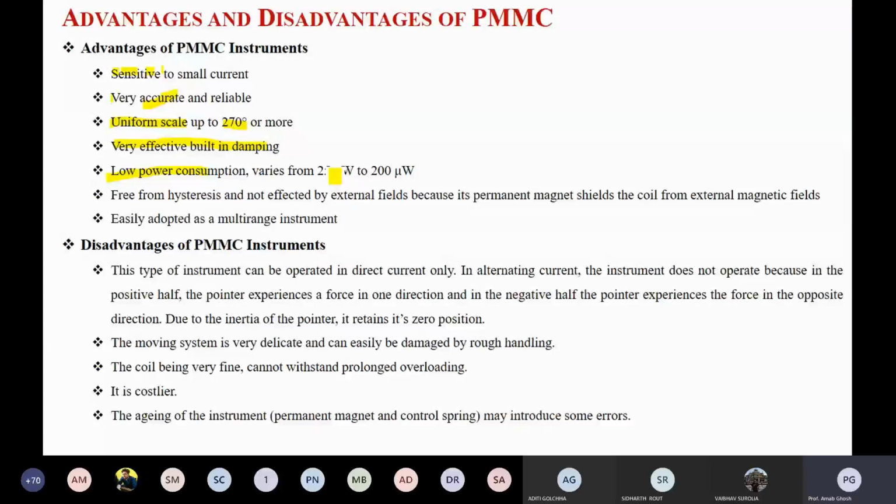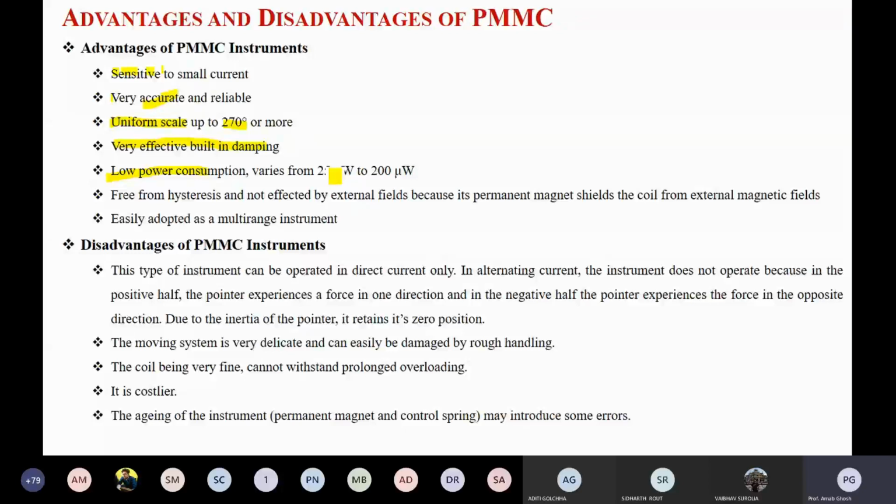It is free from hysteresis and not affected by external fields, because the permanent magnet shields the coil from external magnetic fields. In PMMC there is one fixed magnet, which is a permanent magnet, and one moving coil. Your moving coil is always protected by this permanent magnet situated around the moving coil.